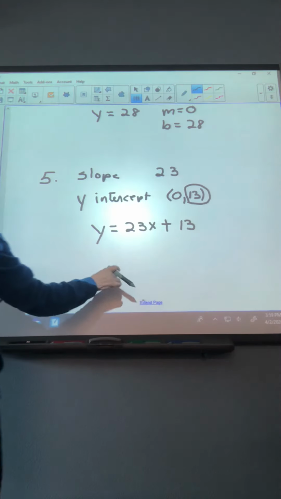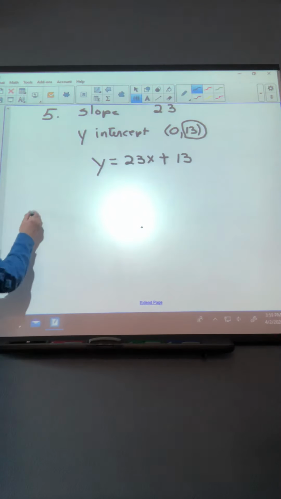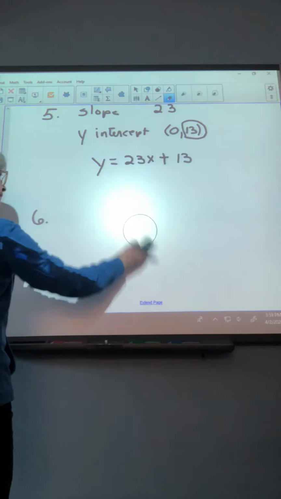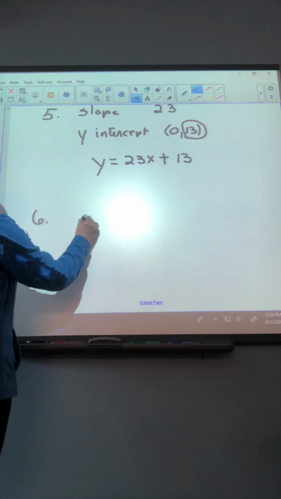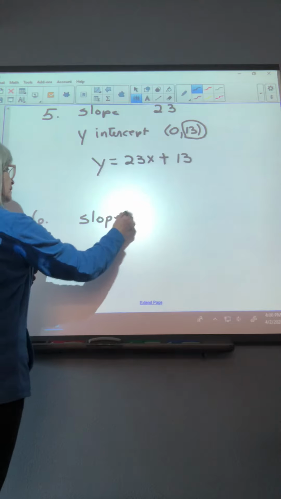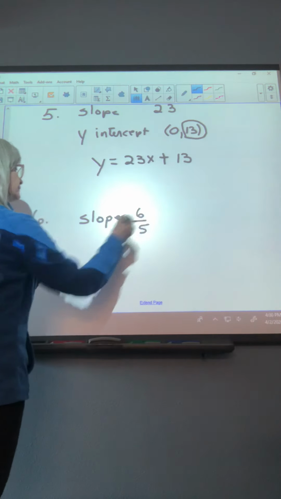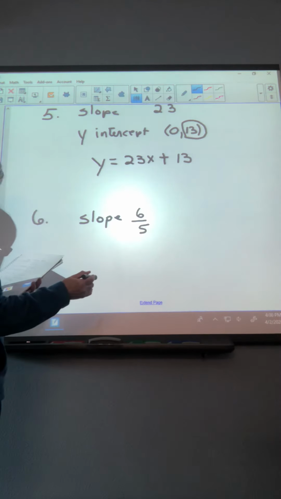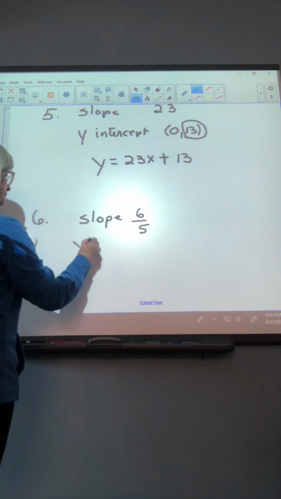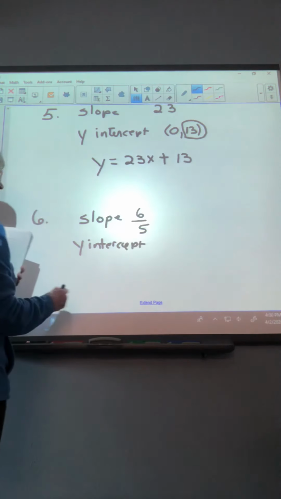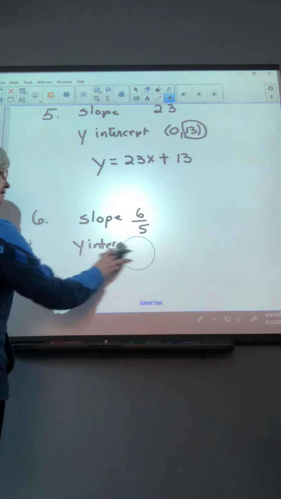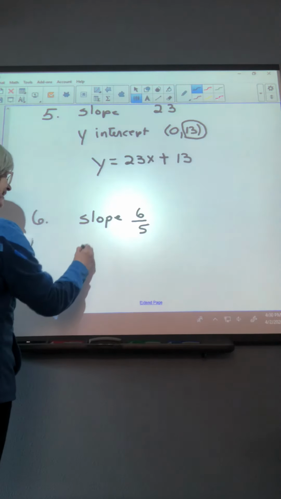Okay, let's look at number 6. So number 6, we've got a slope of 6/5, and we have a y-intercept. I should just put b there because that's so sloppy. Put b.